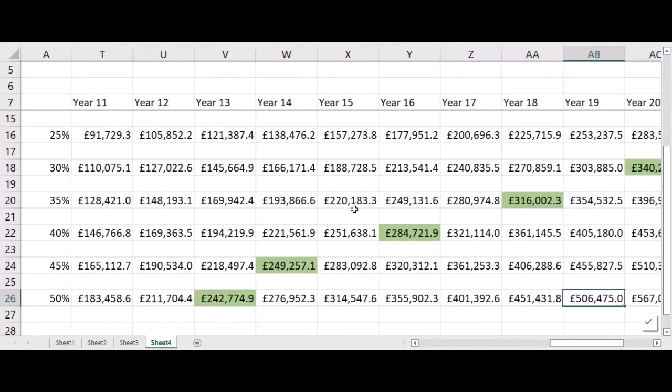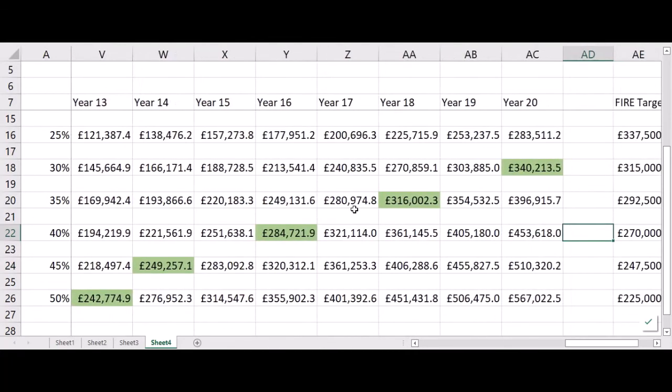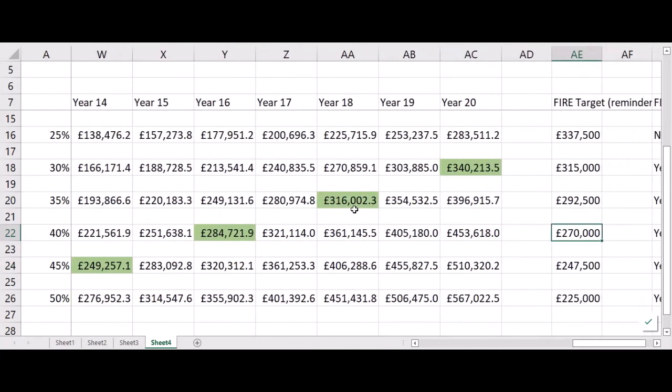So for comparison, let's just have a look at the other ones. So that was 50%. If you were managing to invest 45% of your income, you could expect that to take 14 years if starting from zero. If it was 40%, it looks as if it's going to be more like 16 years to reach 270,000 on an income of 1,500.